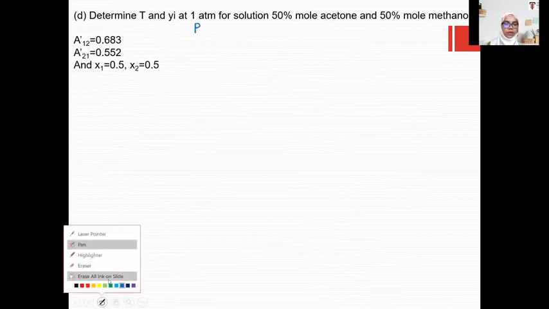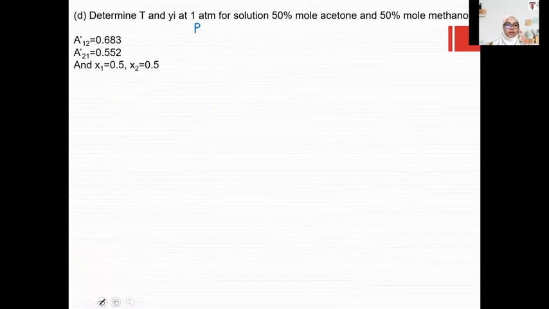From the Antoine equation, maybe we start with this. The first step is to determine T1 saturation and T2 saturation because the pressure is given.